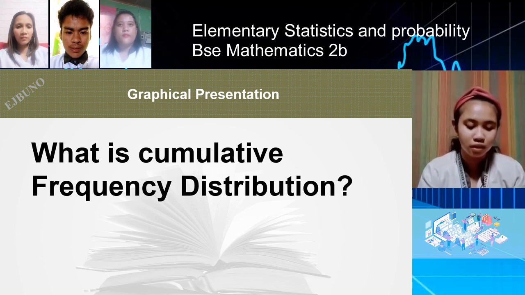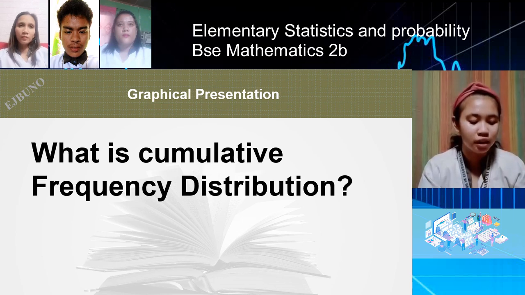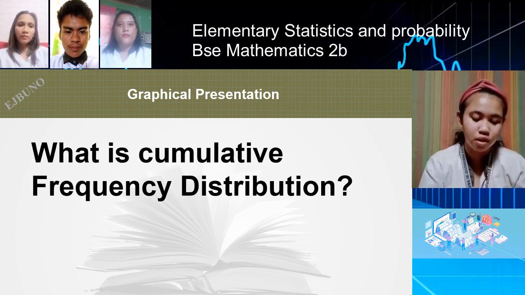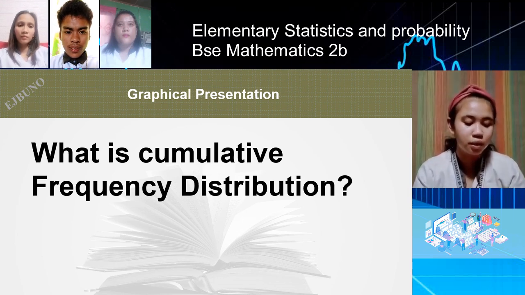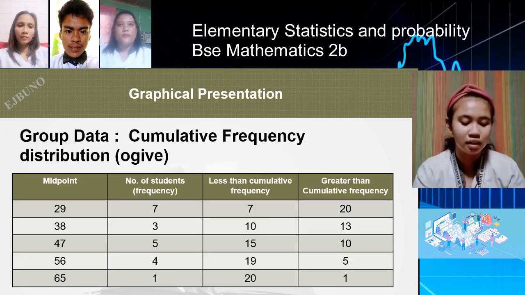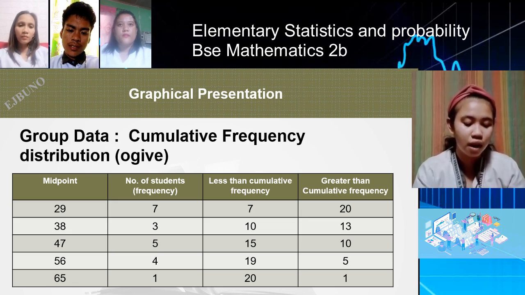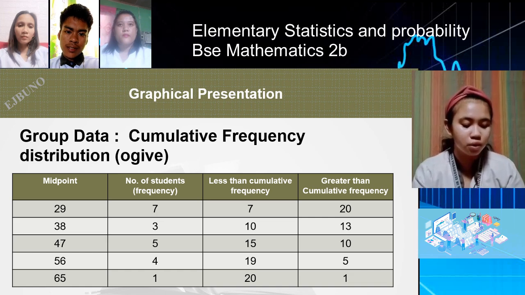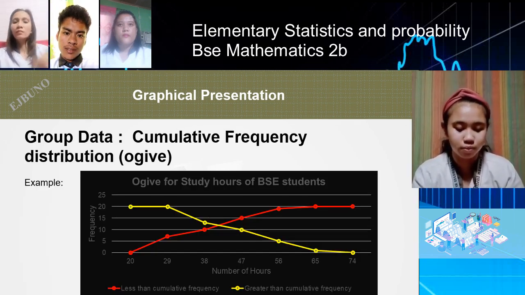It means you are adding up a value and all the values that came before it. Before we plot our data in cumulative frequency, we need to first get the less than and greater than cumulative frequency. And after we get these values, we will plot the data as you can see in the picture.